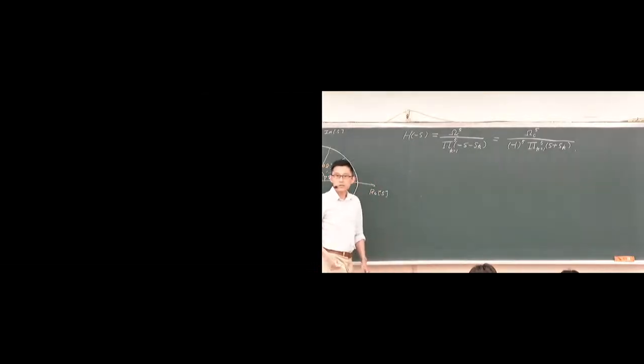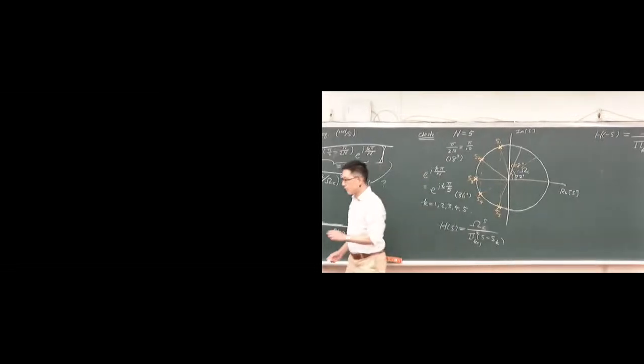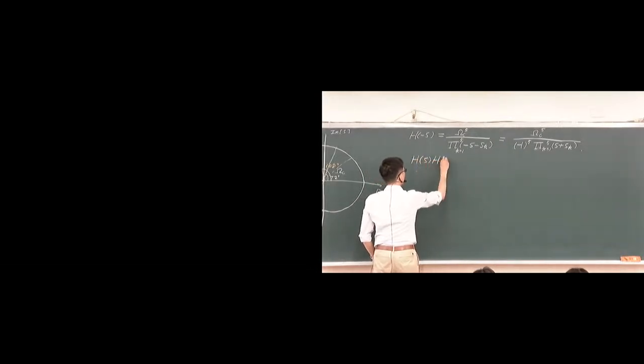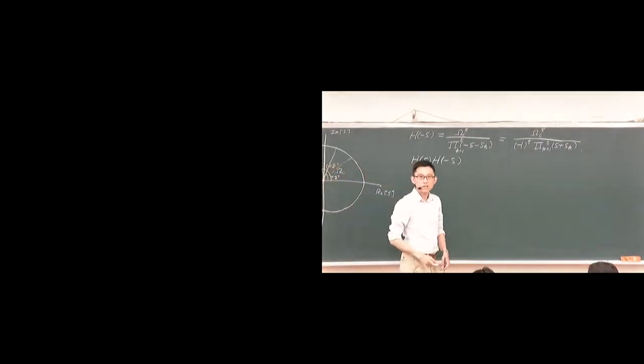Just moving that minus 1 to the outside. And the next step is let's consider the product of H of s with H of minus s.